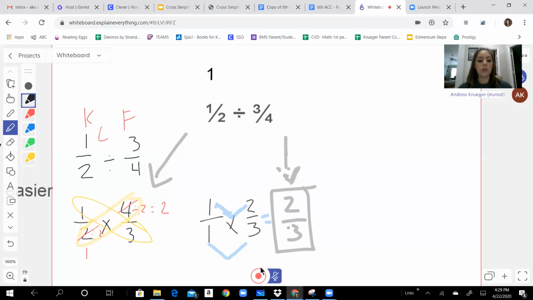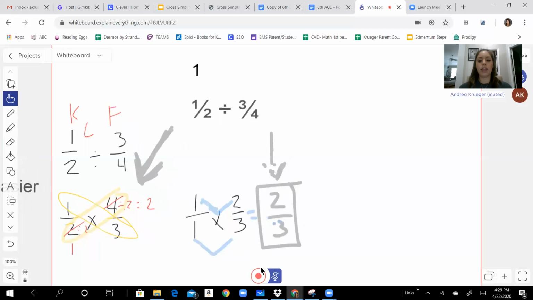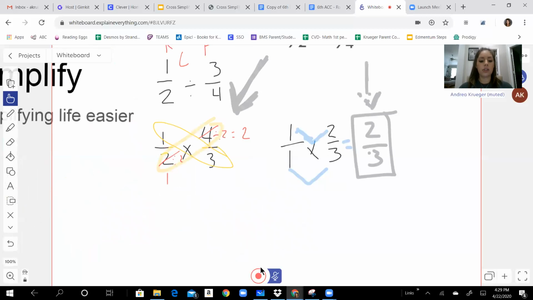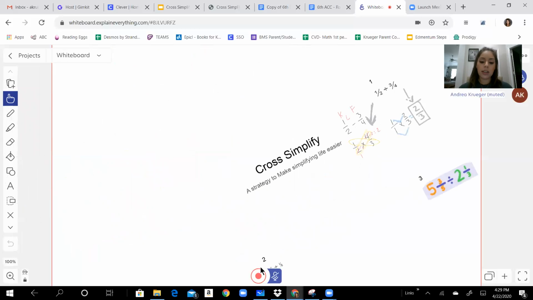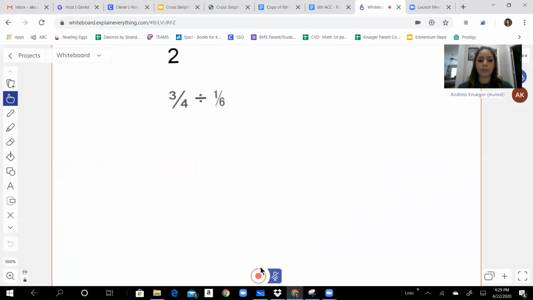But if you reduce over here in the middle, then you will already be simplified like 9 times out of 10. So it's just a good strategy to get into, and the more you use it, the more routine you're going to have with it.